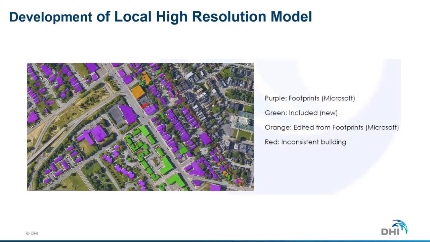We adjust these buildings based on recent satellite images, because most of the time these data sets may not be up to date. And of course, we also needed to adjust these buildings to properly represent the mesh.